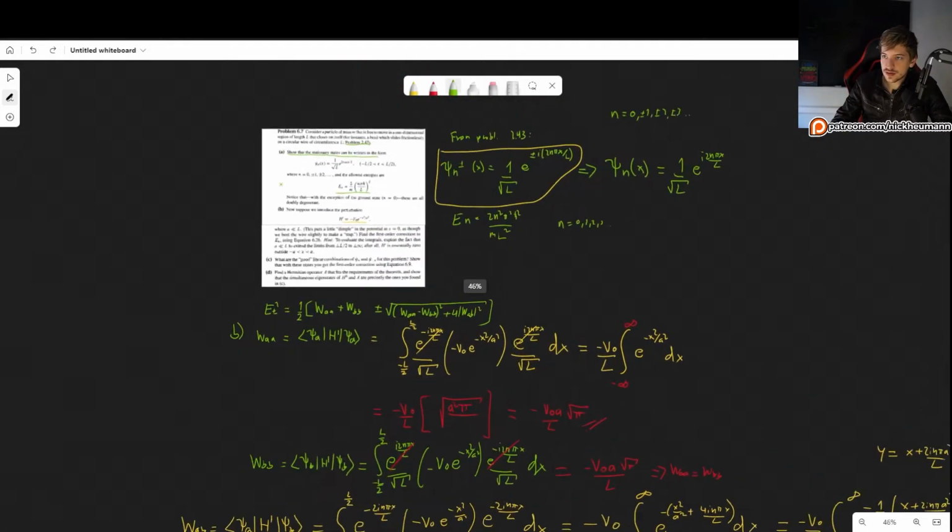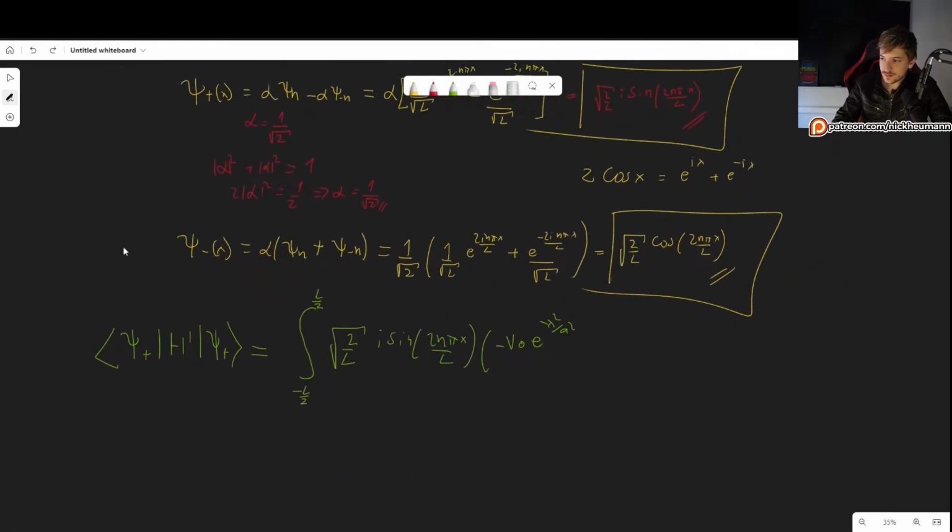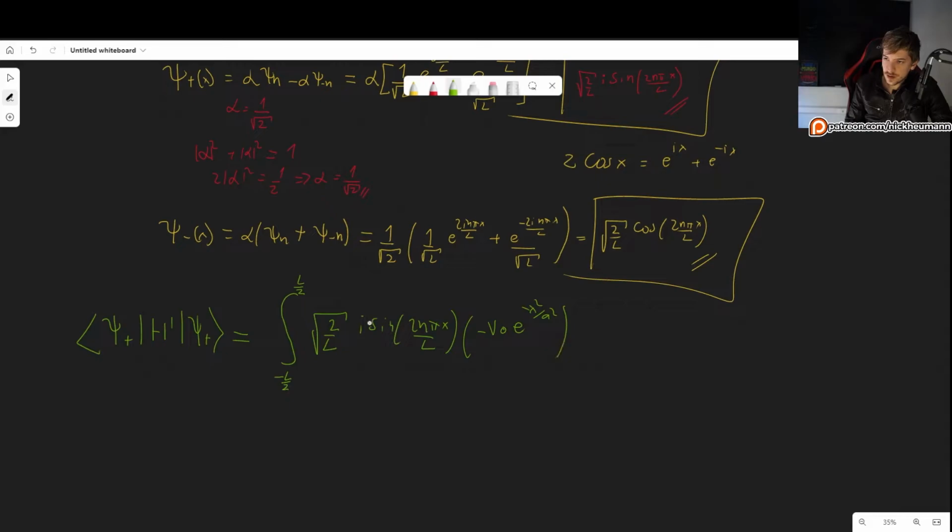Let me check. No, that was it. Okay. And then, this has to have a minus in front, by the way, because it's the conjugate. And finally, we have square root of 2 over L, i sine of 2n pi x over L, and dx. So of course the minus signs cancel out.